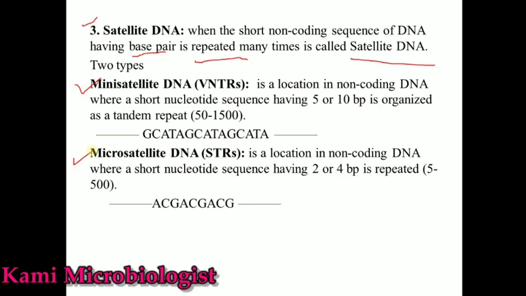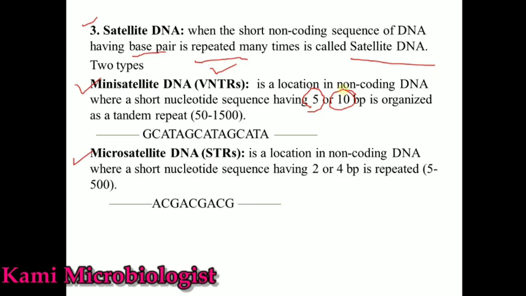This minisatellite DNA is also called VNTRs, variable number tandem repeats. What are these? These are again a type of satellite DNA in which we have non-coding sequences with base pairs, but these are 5 base pairs or 10 base pairs.